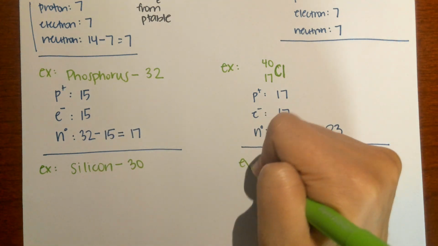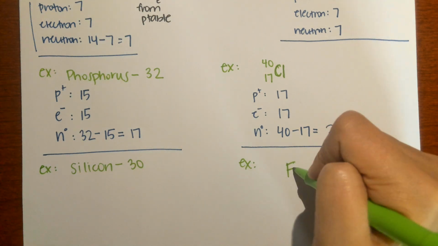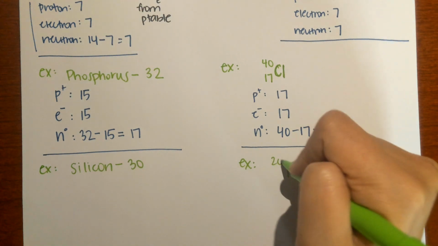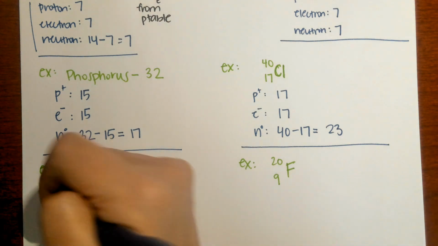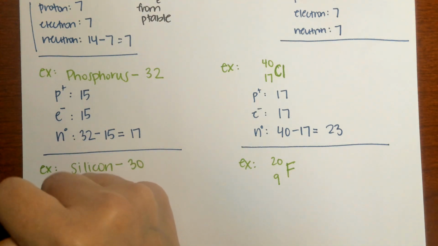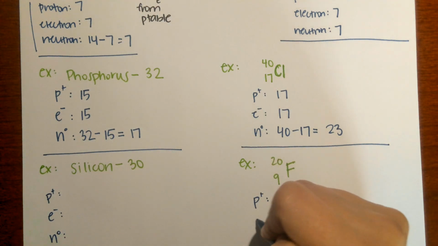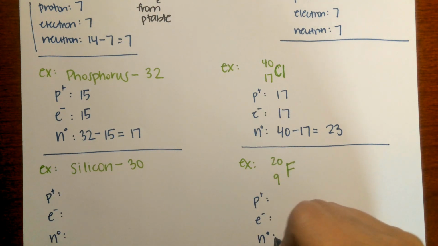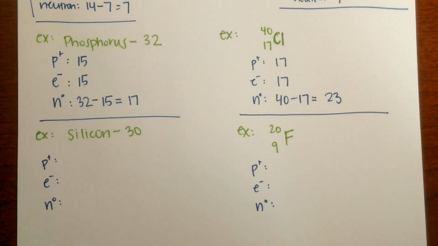And then for the nuclear notation, I'm going to give you fluorine. All right. And you're going to find the proton, electron, neutron. All right, pause the video. Try this by yourself and then play to check.